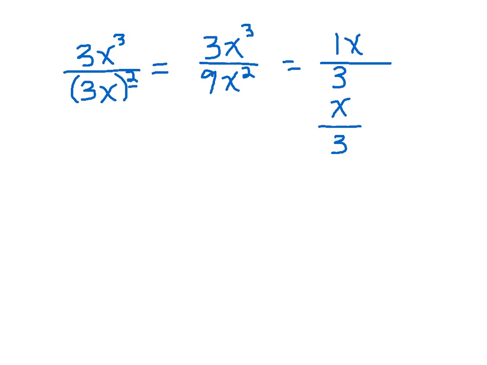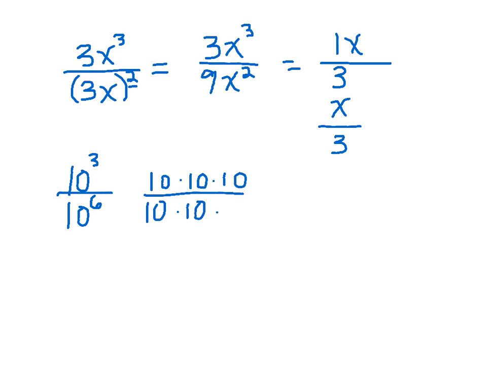And I think also in your homework there are a couple of problems where there are numbers raised to a power. Just like if I say 10 to the 3rd divided by 10 to the 6th. Notice that the 10s aren't coefficients, they're actually the bases. This means 10 times 10 times 10. And this means 10 times 10 times 10 times 10 times 10 times 10.